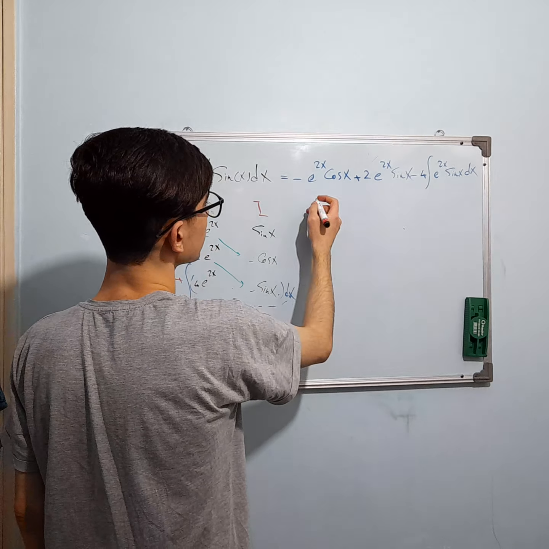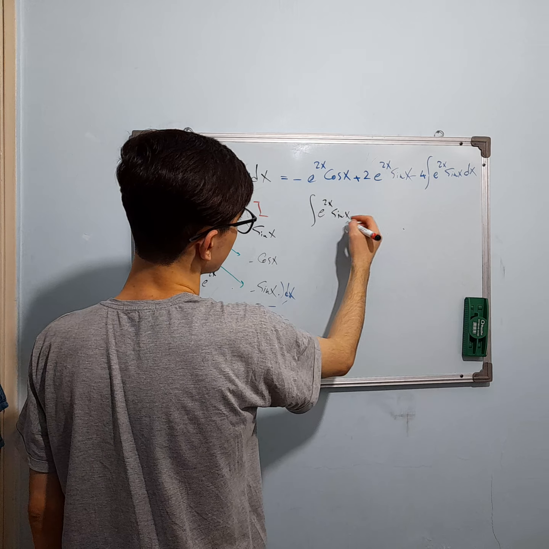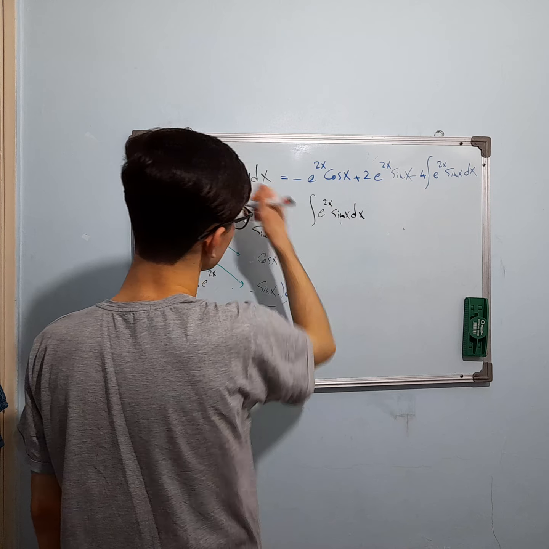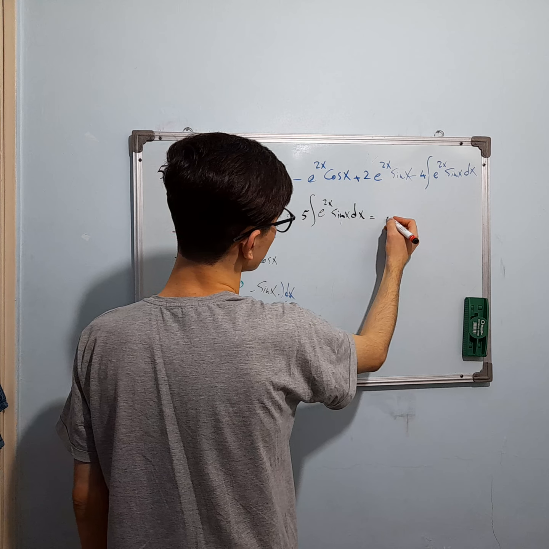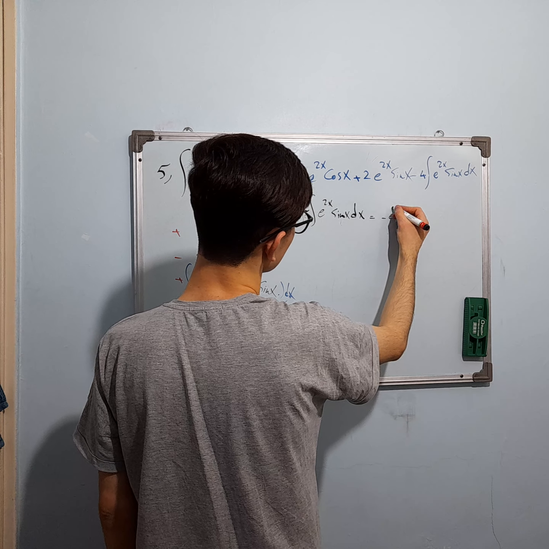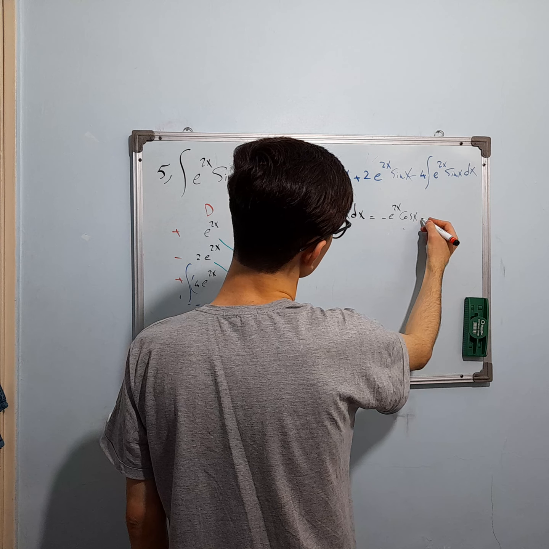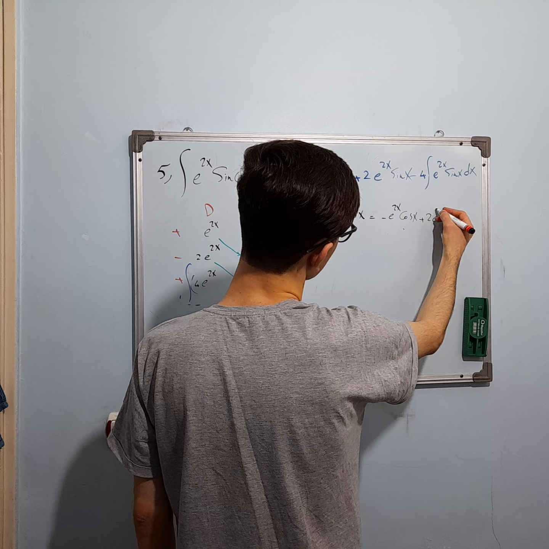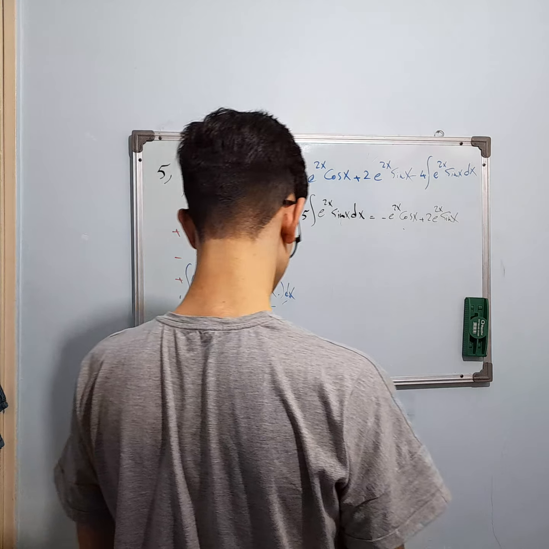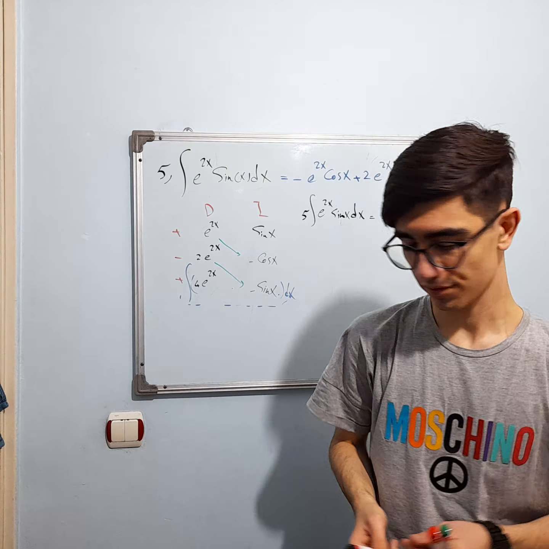The integral of e to the 2x sine x dx, and 4 with 1, 5, equals negative e to the 2x cosine x plus 2 times e to the 2x sine x. Yeah, and we have to divide everybody by 5.